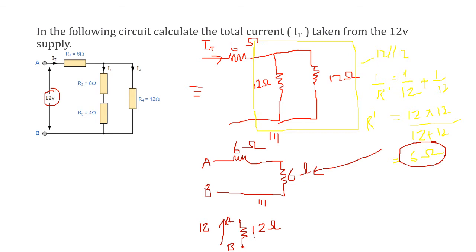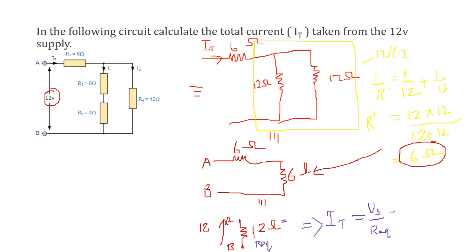So this is the simplified circuit. From this circuit now we can find IT. Here the current flowing through the circuit, IT, will be equal to the supply voltage over this total resistance, R equivalent. I am considering this one as Req.